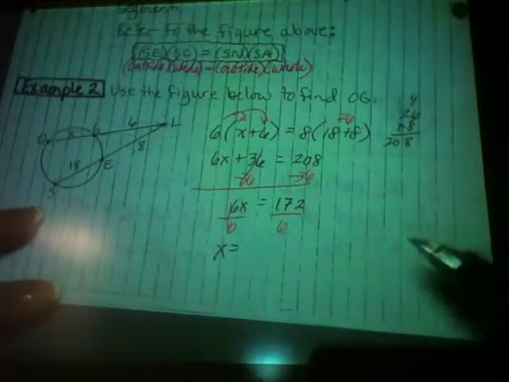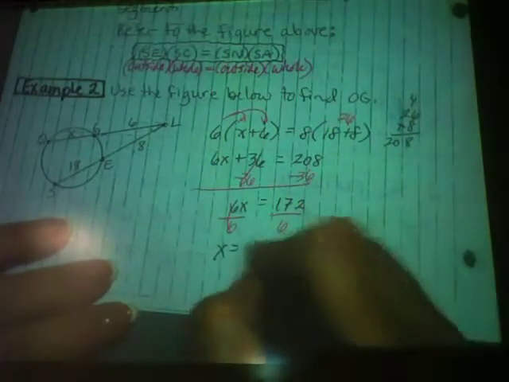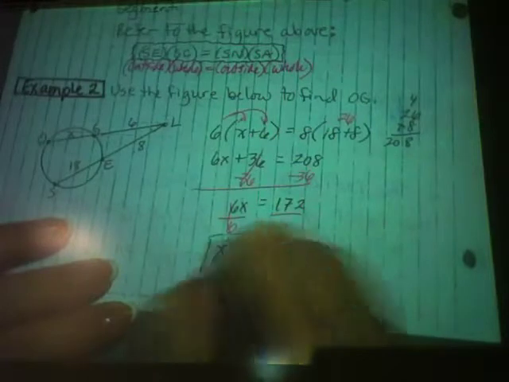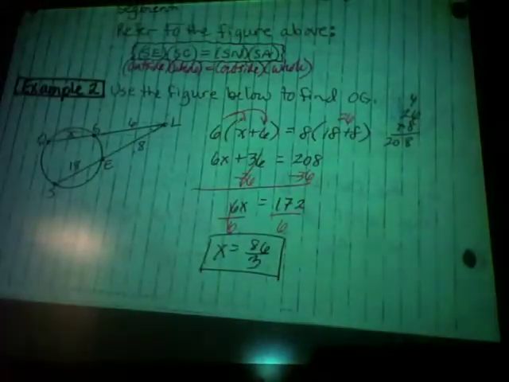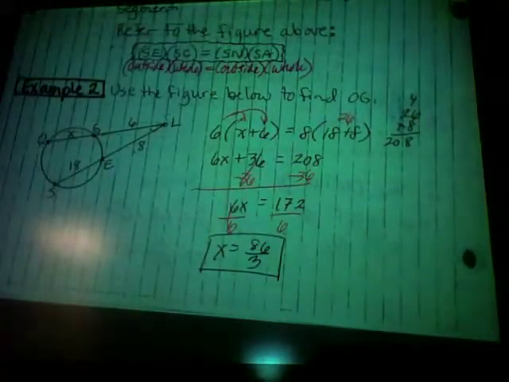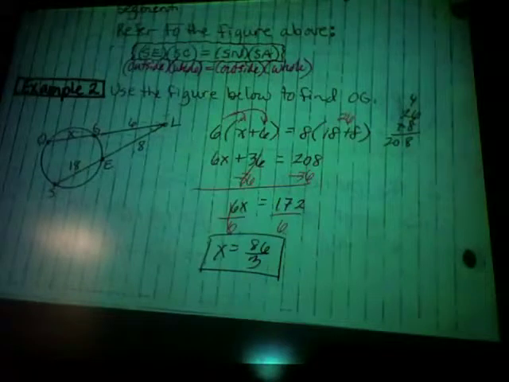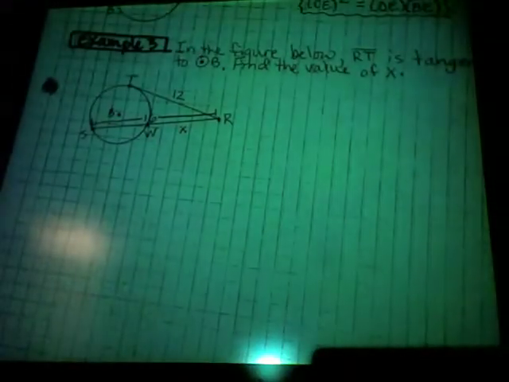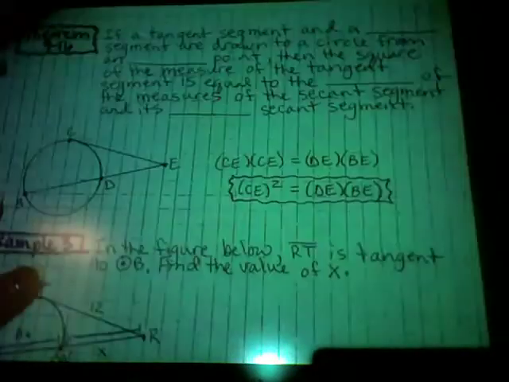So I am going to reduce them by 2. So X turns out to be 86/3. You should not be getting negative numbers for these answers because you can't have negative lengths. So beware of that. Then flip it to the last page.